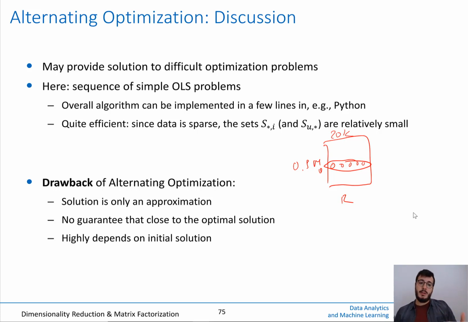But moreover, the bigger issue with alternating optimization is that it's highly dependent on the initial solution, so the initial P0 and Q0 that you use. One way you can counteract this is by taking many different random initializations, running alternating optimization on all of them, and then simply taking the one which gives you the smallest error.